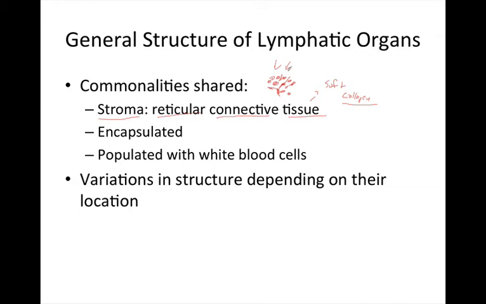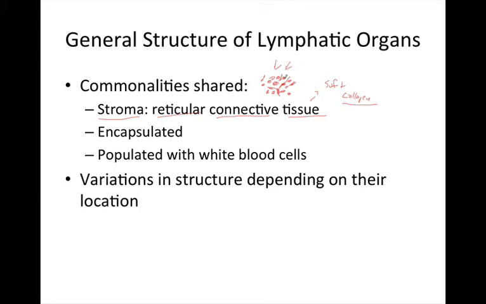Because the spaces between this type of tissue are so widely spaced, that makes lymphoid organs very delicate. And if you damage them, you're probably going to permanently damage them. For example, when somebody ruptures their spleen, if you try to repair it, the odds are you'll wind up doing more damage just trying to repair it because of how soft and delicate it is. All right, so that's something to keep in mind.